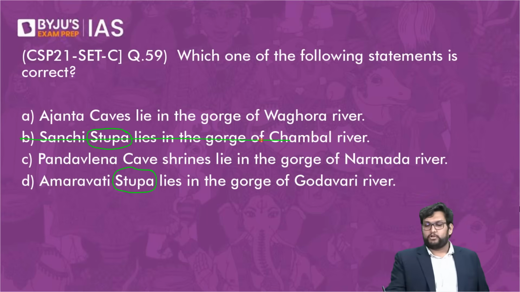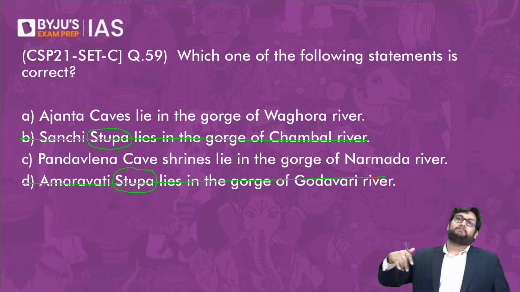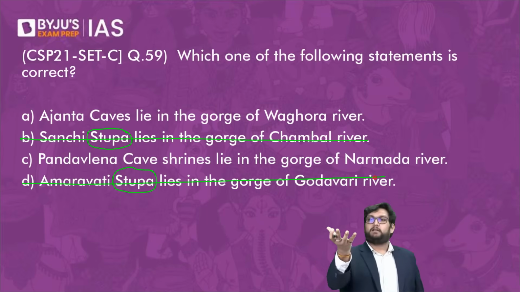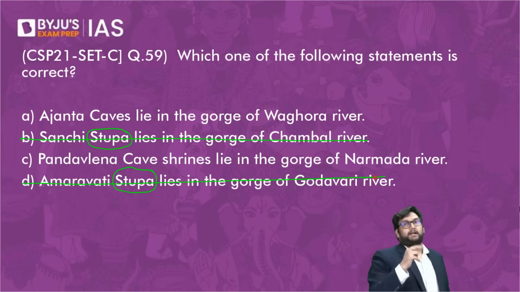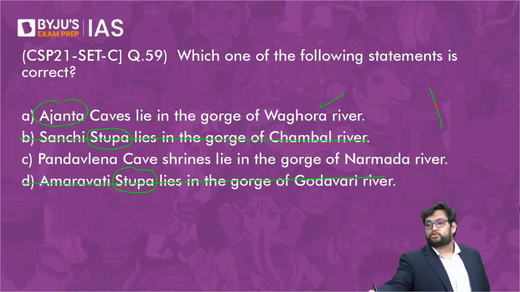So why would you have stupas in the gorge of a river? Meaning you make what we call a stupa inside a gorge. So get out. Ajanta is Waghora. I showed you that horseshoe design also. I showed you the river also, the separate issue.